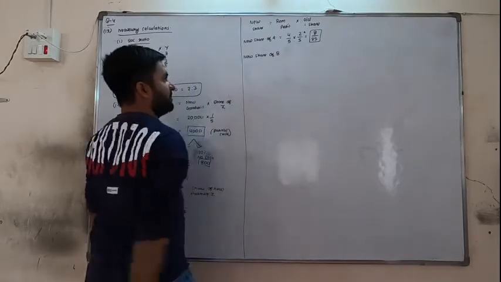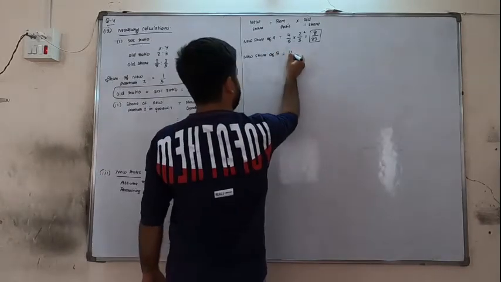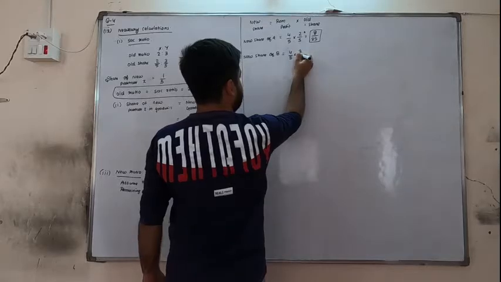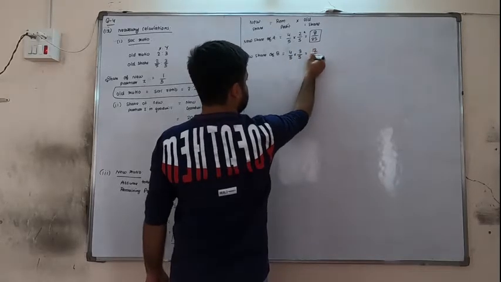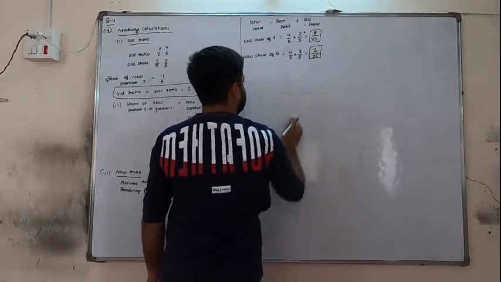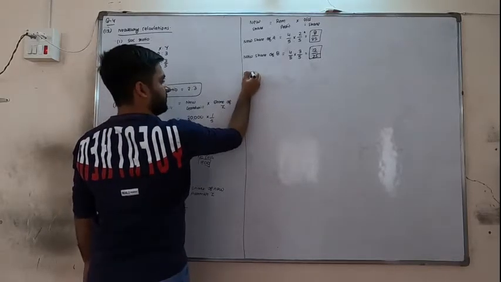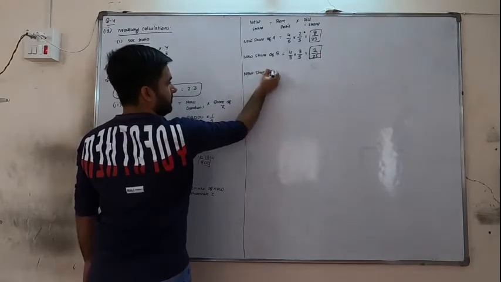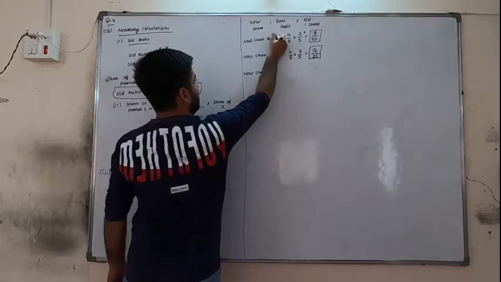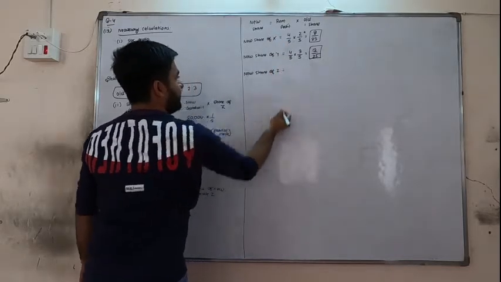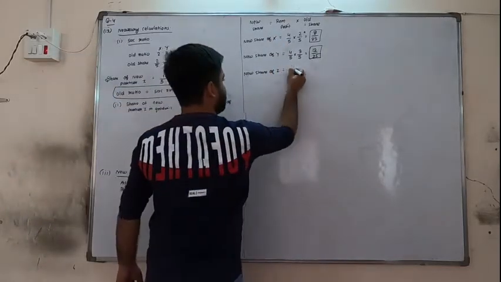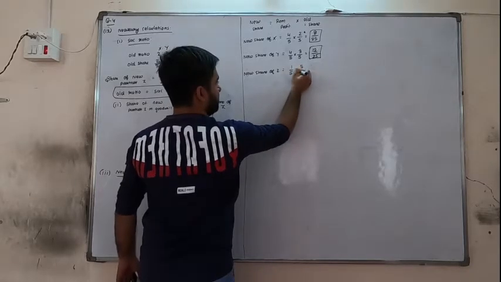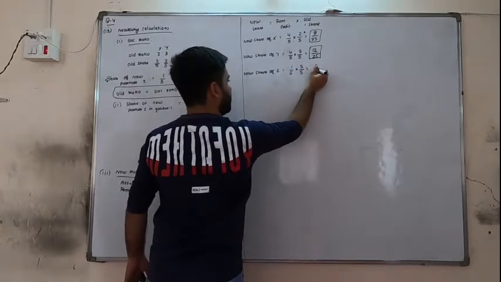New share of Y. Remaining profit is 4 by 5. Old share is 3 by 5. So it is 12 by 25. Now X, Y, Z. New share of Z is 1 by 5 and we will multiply with 5. So 5 by 25.